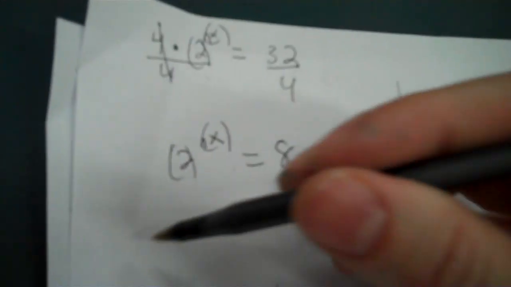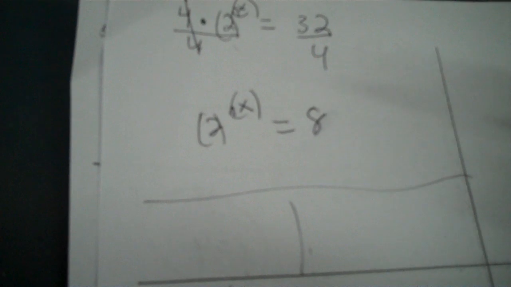Remember, don't take 4 times 2, that's not doable. So that's 8, so we've got 2 to the power of x equals 8. Now, let's see if I can multiply the 2's out to get to 8. So 2, that's 4, that's 8. So that equals 8, that's 3, so the answer is 3.